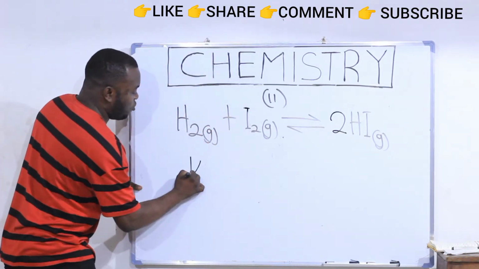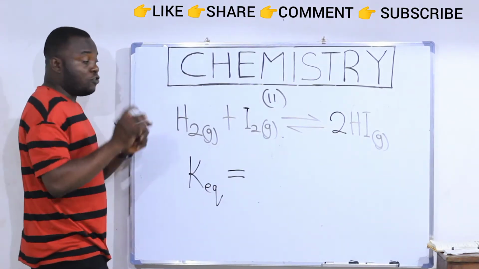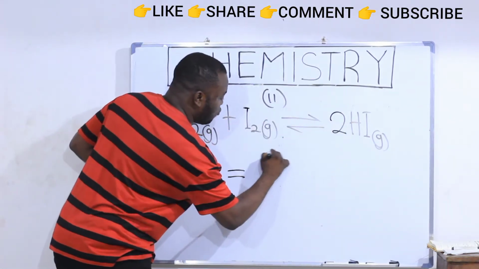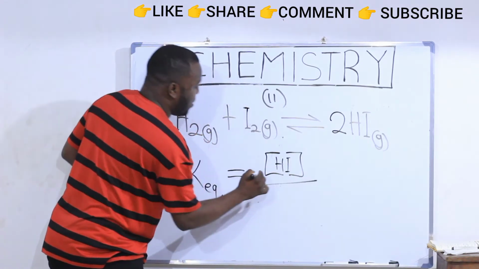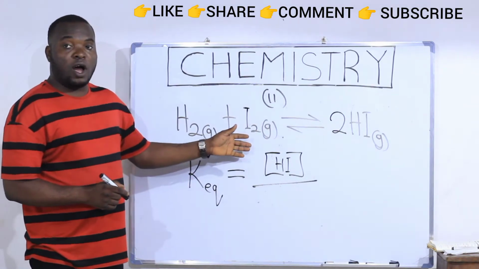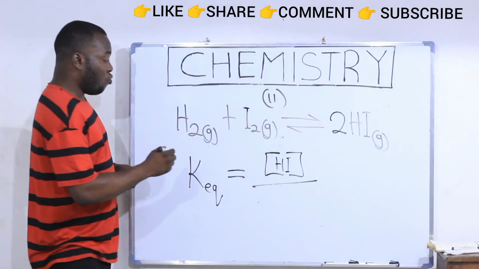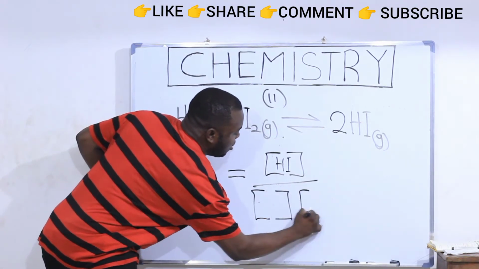Now our equilibrium constant expression for this equation becomes the concentration of the product, which is the hydrogen iodide gas, divided by the concentration of the reactants. Here we have 2 reactants, so we are going to have the concentration bracket twice.